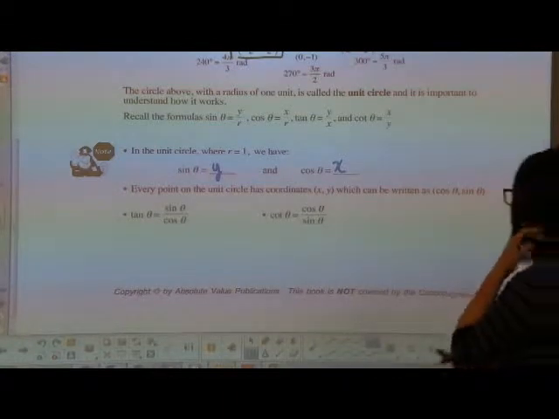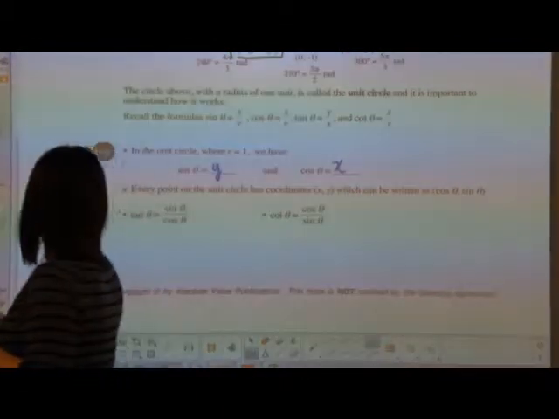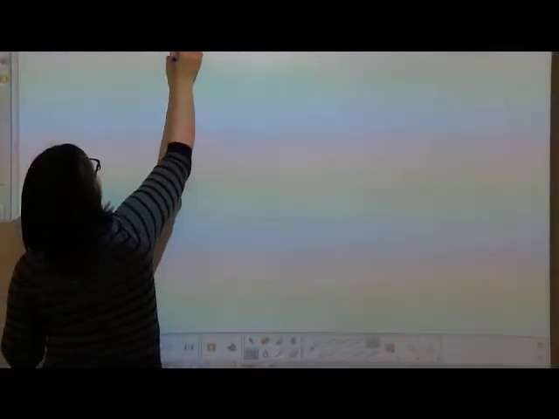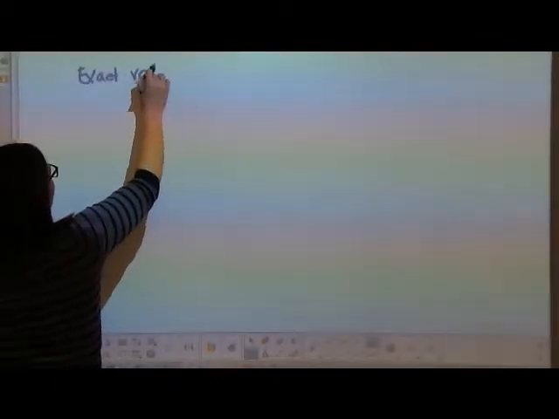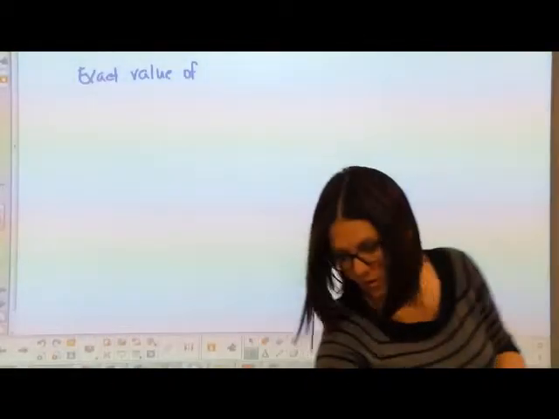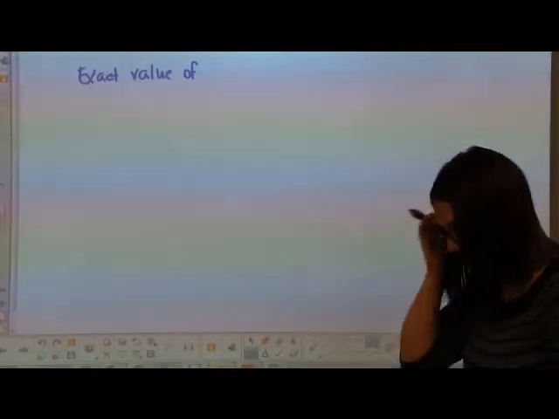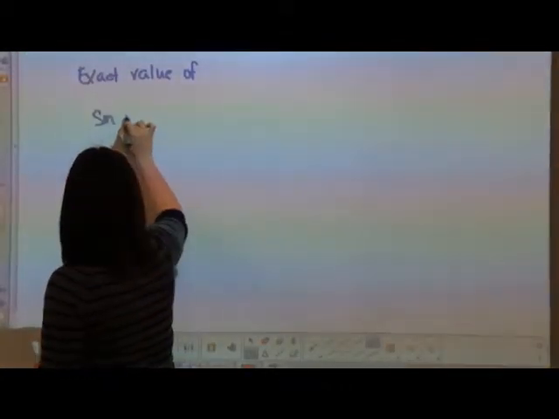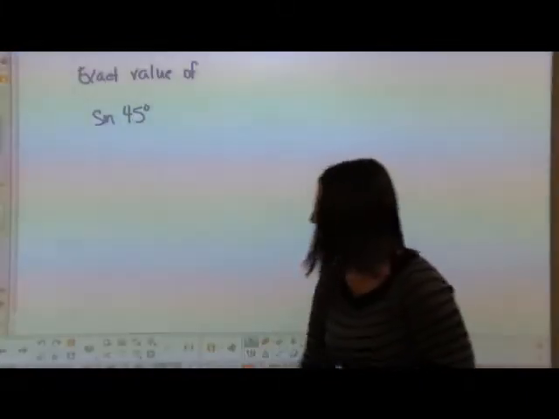So now I'm going to show you a calculator trick. If I was asked to find out the exact value of, which one do I want to pick? Let's start with sine 45. So I grab my calculator.